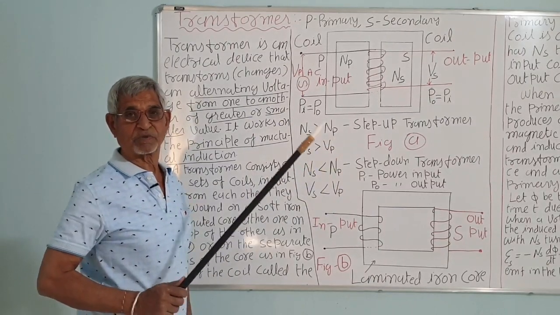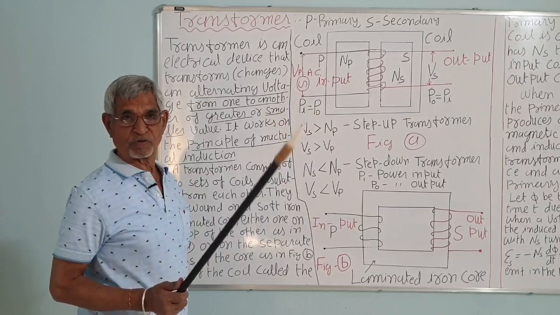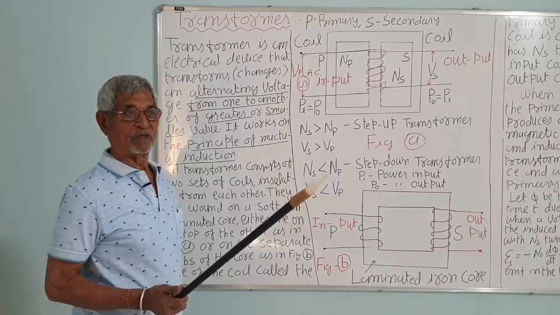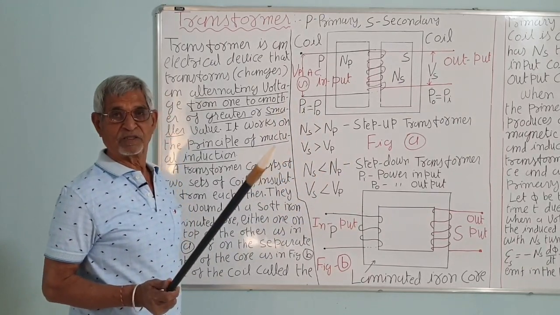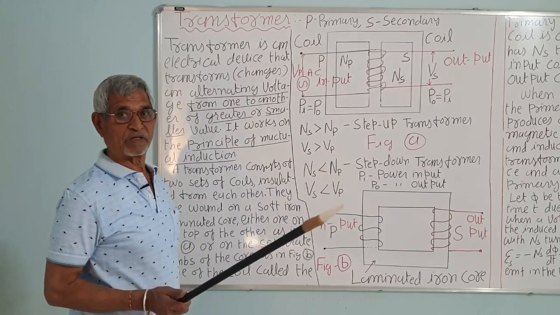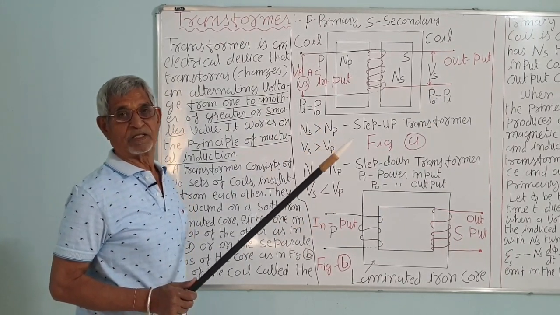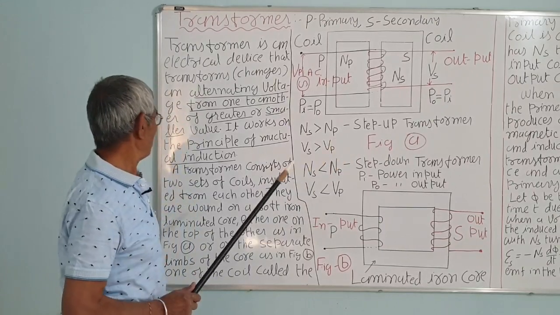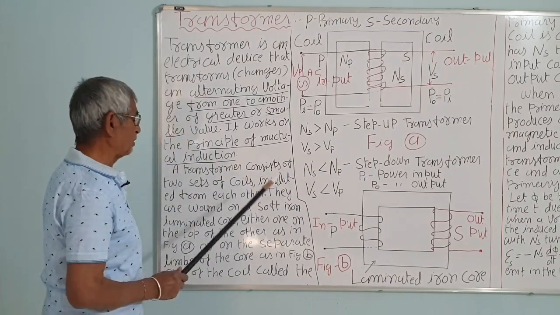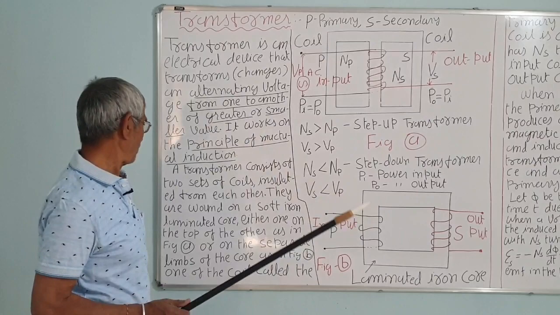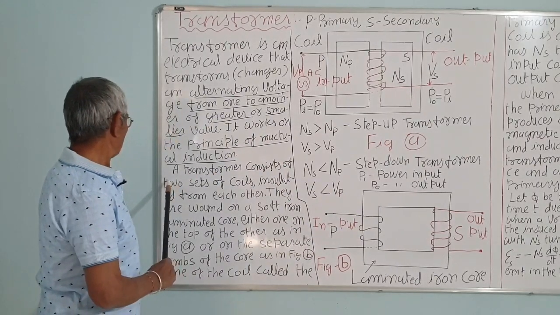If the output voltage is more, it is called a step up transformer. If the output voltage is less than the input voltage, then it is step down.